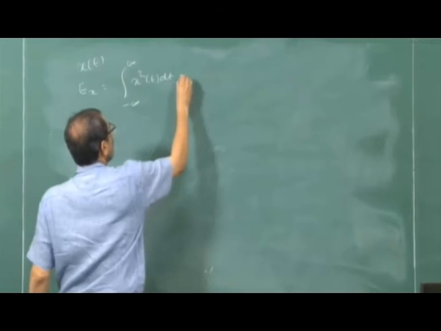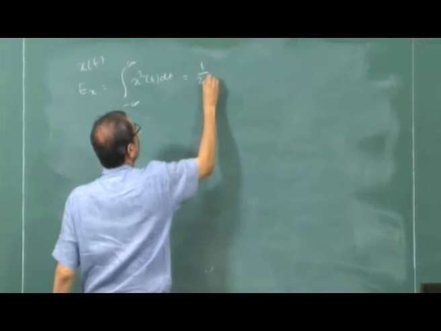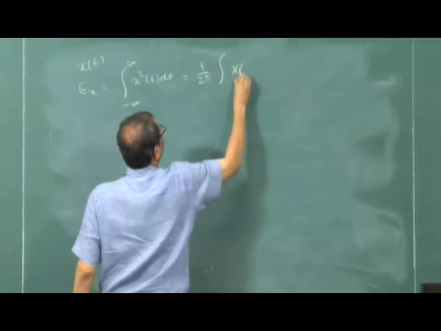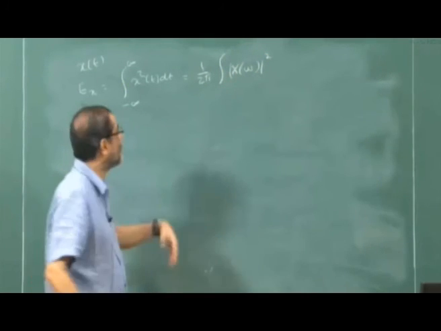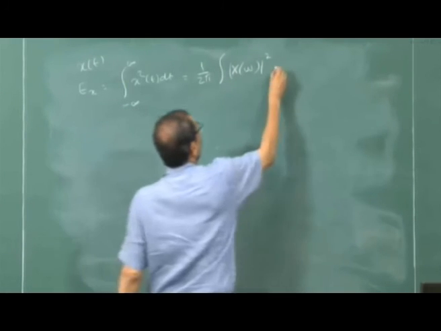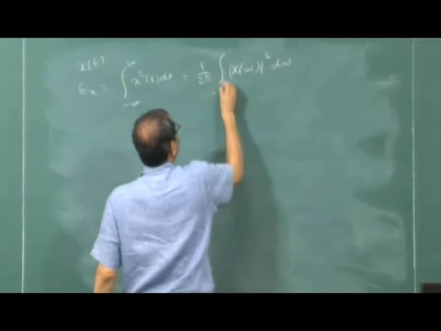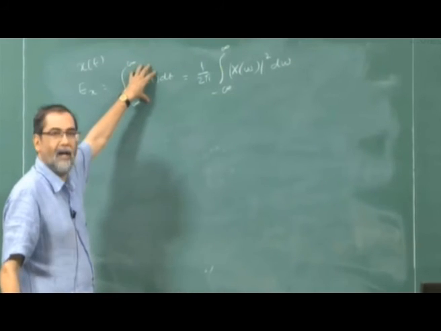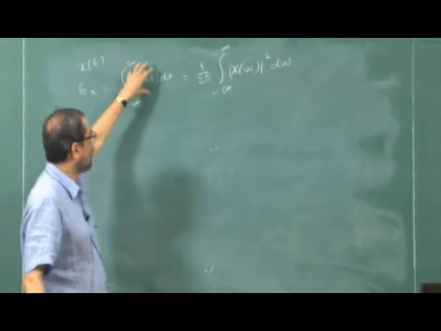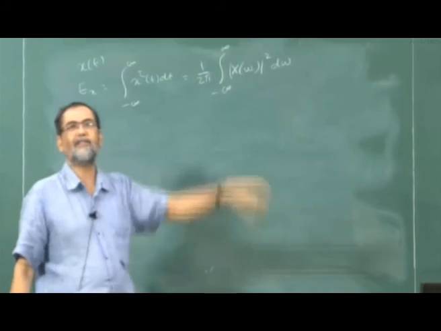You can show that this is equal to 1 by 2 pi times the integral of the magnitude squared of X of omega, because X of omega can be complex, so we look at its magnitude, d omega from minus to plus infinity. So this relates energy in the time domain with energy in the frequency domain.